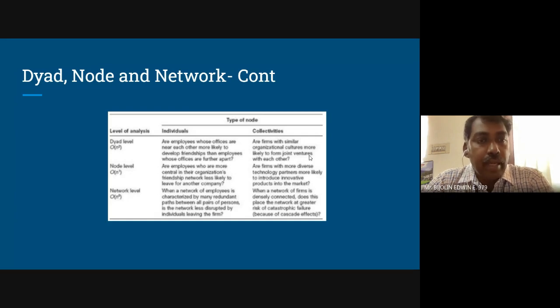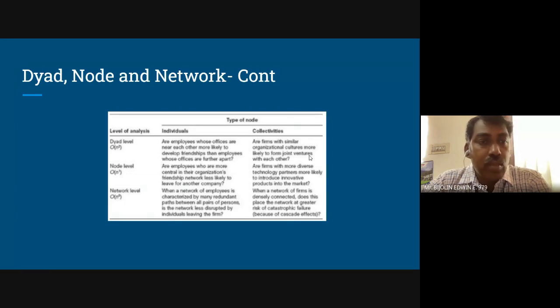O(n^2) is the key formula for the dyad level. For example, employees whose offices are near each other are more likely to develop friendship between two people, and employees working within those two organizations can be represented as O(n^2).